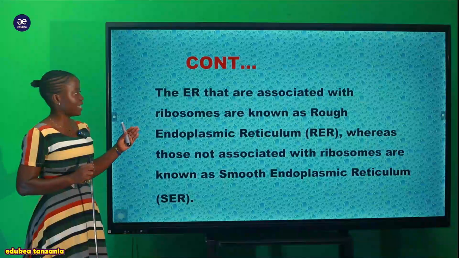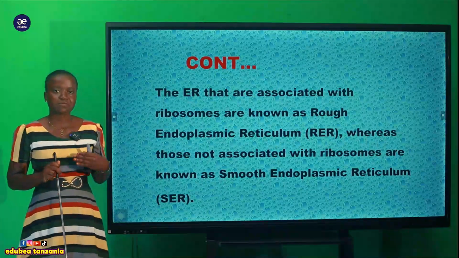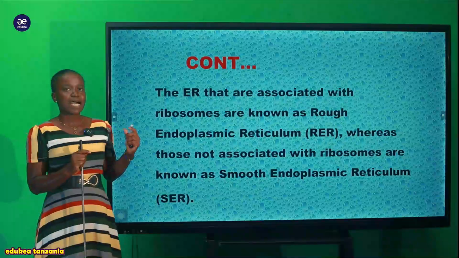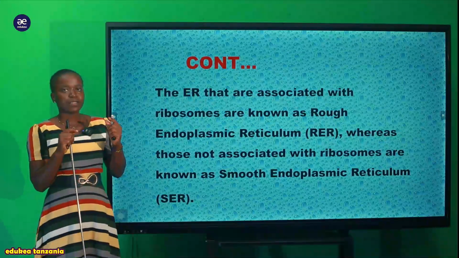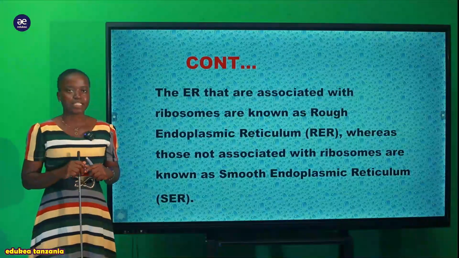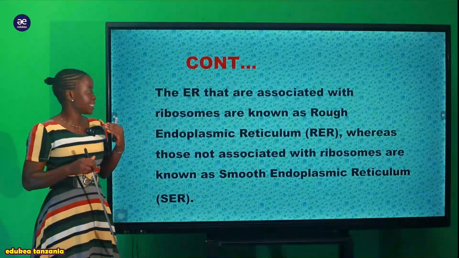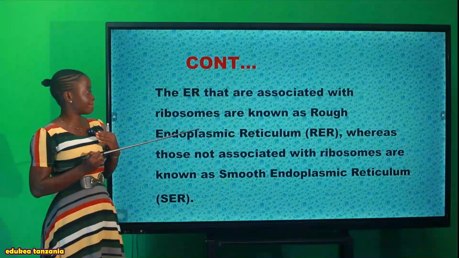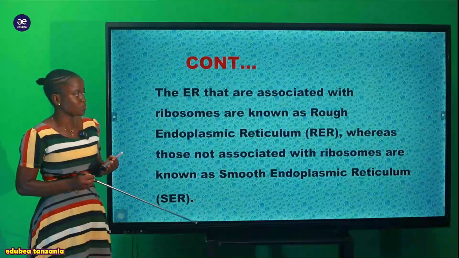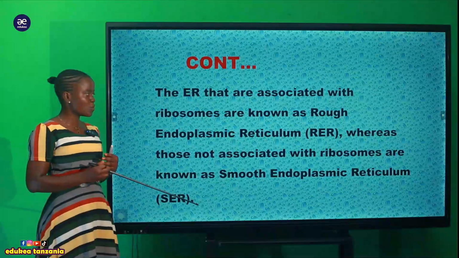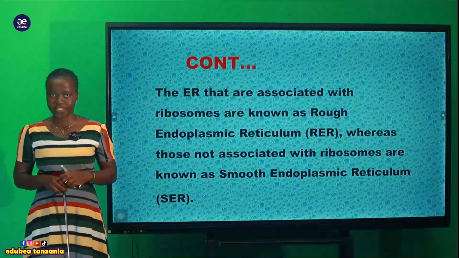So now you can see that the endoplasmic reticulum surrounded by ribosomes we call the rough endoplasmic reticulum, but in the absence of ribosomes, it is called the smooth endoplasmic reticulum.